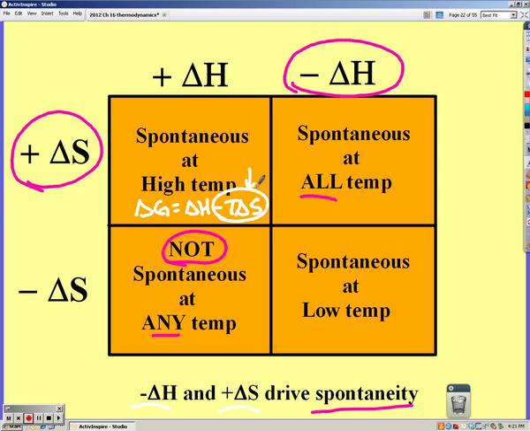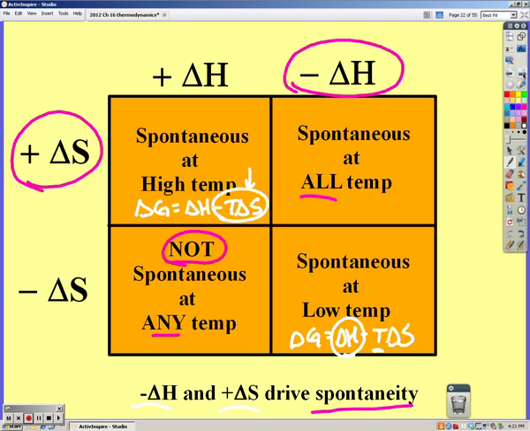So we need it to be at a high temperature to overcome the endothermic delta H. And when delta H is negative and delta S is negative, then we want delta H to be the more important factor. So we need temperature to be low so delta S won't matter as much.